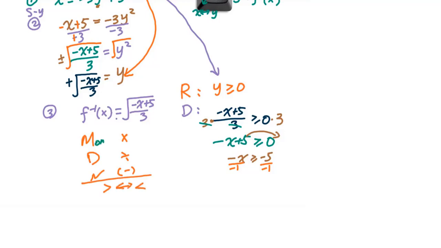We use mommy, daddy, nanny to remember this rule. Since we divide by a negative number, we have to switch the symbol: x less than or equal to 5. Therefore, the domain will be x less than or equal to 5 for this inverse function.